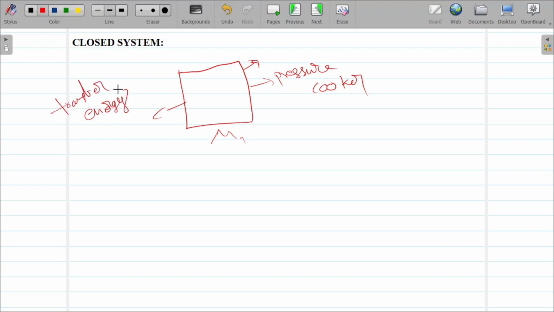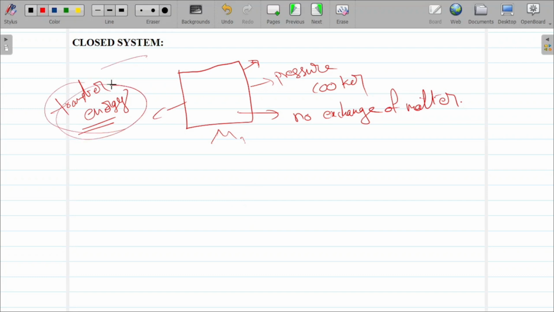So transfer of energy takes place, but there is no exchange of matter. Okay, clear? In a closed system only transfer of energy takes place. There is no exchange of matter. Example, pressure cooker. Okay, clear, right?